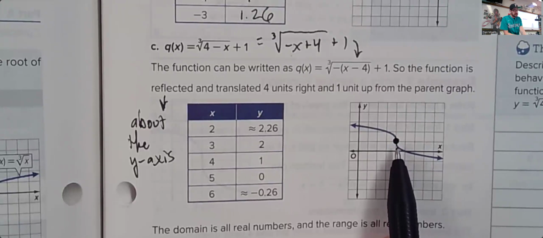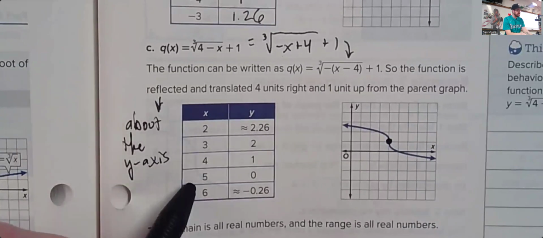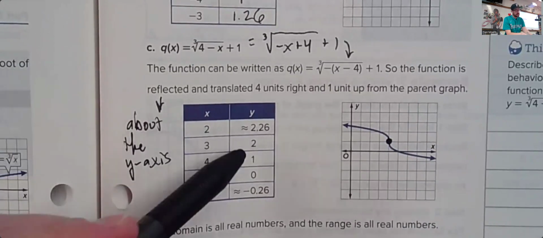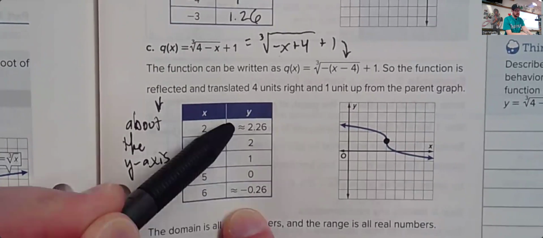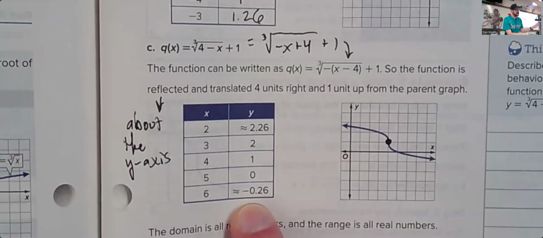Which means as we go 1 to the left and 1 to the right, these would become opposite values of each other if it was centered on the x-axis, but that's not necessarily true here. Same thing here. These are not opposite values of each other because it's not centered on the x-axis. It only works that way if it's centered on the x-axis.